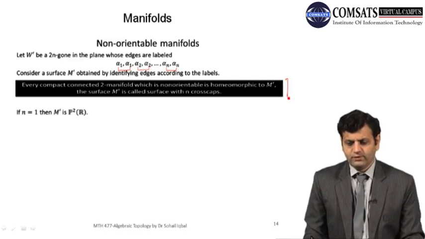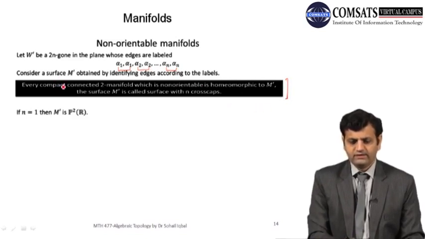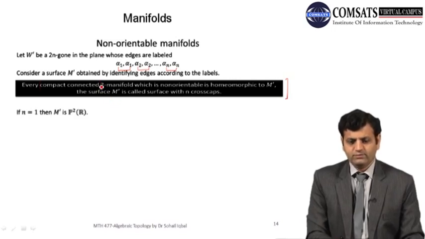Now we have this important result which states that every compact connected two-manifold. Once again we are imposing this condition because otherwise the statement is not true. A manifold is a topological space, so we are imposing these conditions on that topological space.